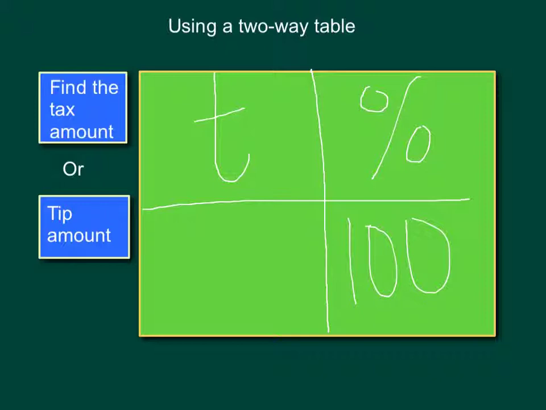And at the bottom, it depends, because if you have a sale price, then you would write the sale price. Or maybe it's just the original price. So maybe there wasn't a sale and you just need to take that original price and find the tax or the tip amount according to the original price.